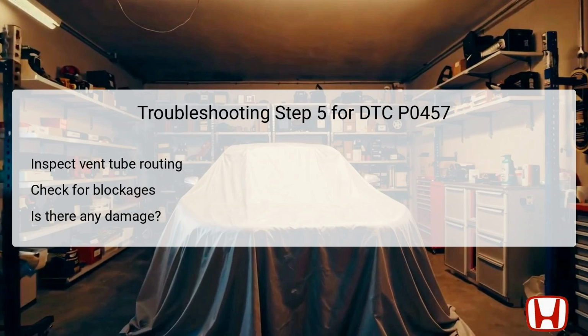If any such issues are found, you'll need to either remove the blockage or replace the vent tube entirely. A proper ventilation pathway is essential for maintaining the correct pressure conditions. If no damage or blockages are present, then revisit the DTC P0457 troubleshooting protocol, as another potential issue may need addressing.